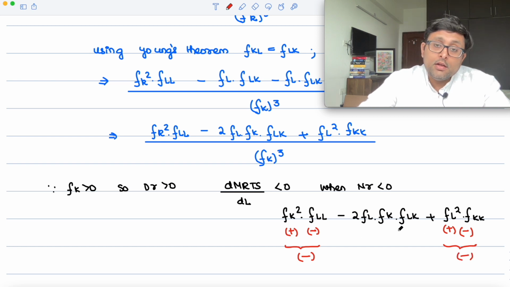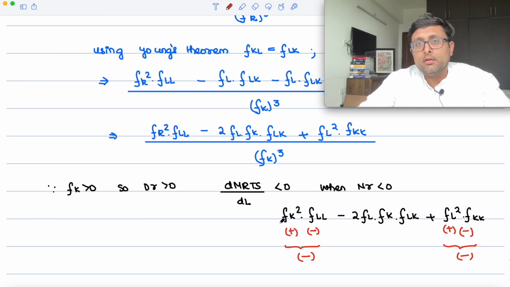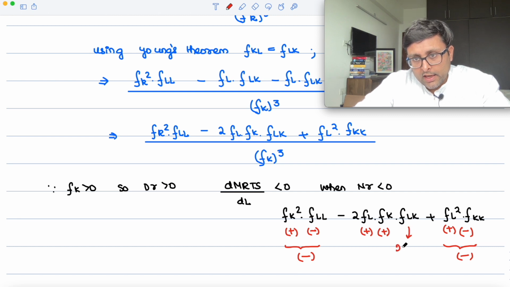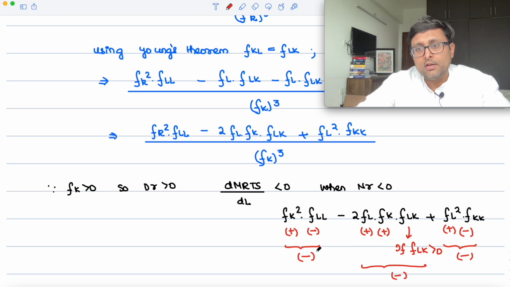If the middle term also becomes negative, then surely the numerator is going to be negative. FL is positive, FK is positive, this minus is there. If FLK is positive, then this entire term is going to be negative. So it all depends upon how FLK is behaving.